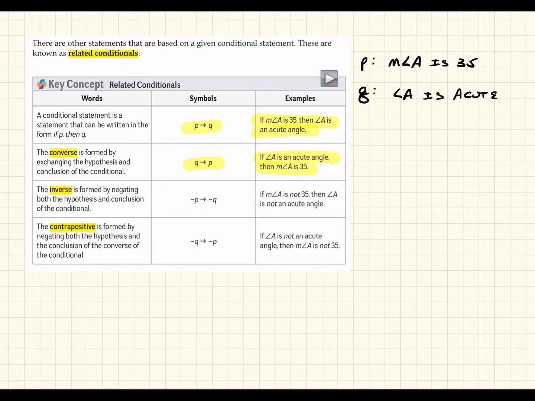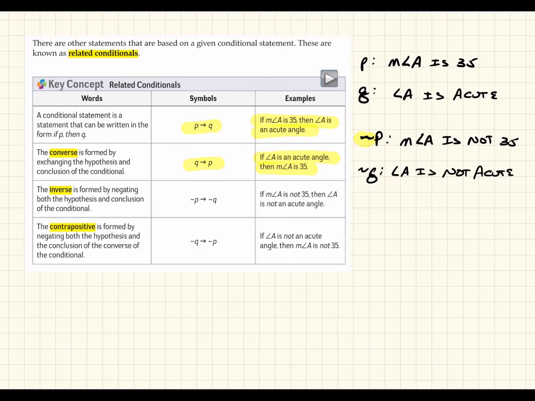So if statement P is that the measure of angle A is 35, then the negation of P is that the measure of angle A is not 35, and the negation of Q would be that angle A is not acute.